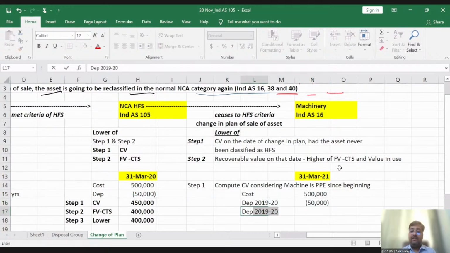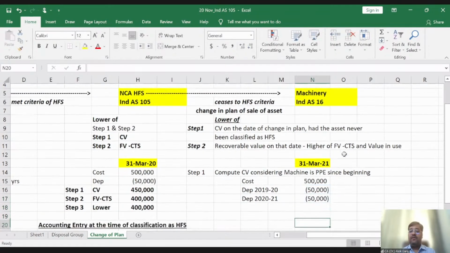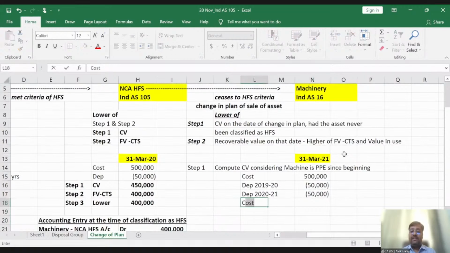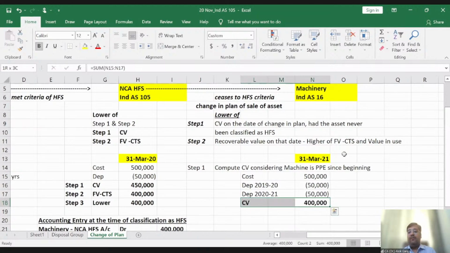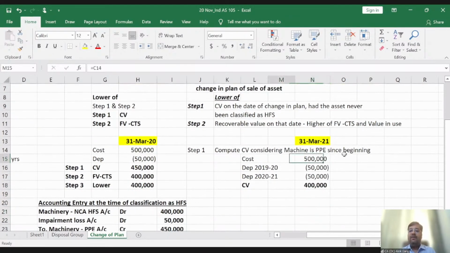If this was not classified as held for sale, depreciation for 2020-21 would also have been charged, again 50,000. Had this asset never been classified as held for sale, the carrying value is 4 lakh rupees.